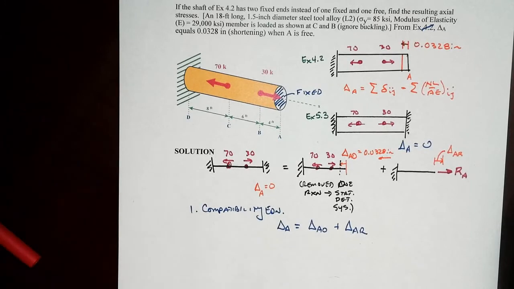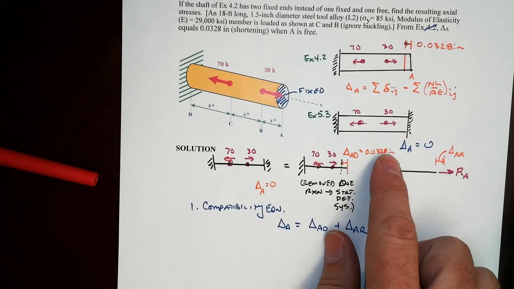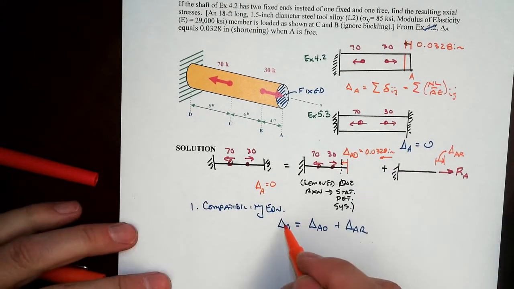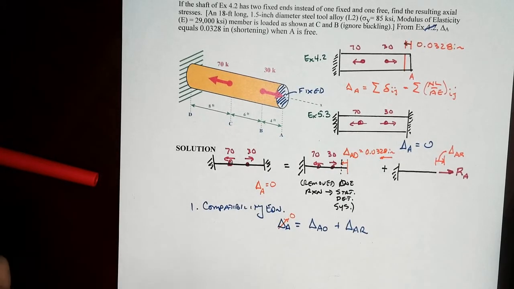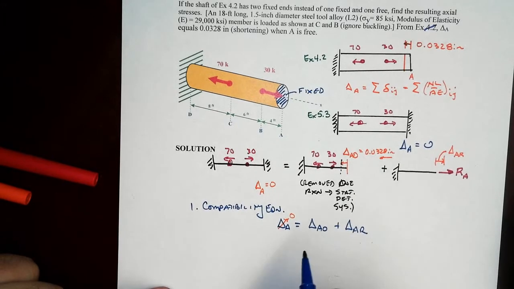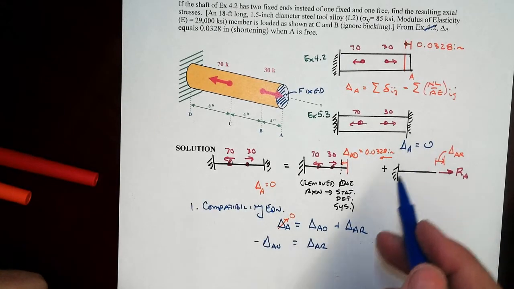And we know from the given constraints in the original system that delta A has to be 0, and so that makes delta A0 be the opposite of delta AR. One shortens, one elongates is what's going on there, right? So minus delta A0 has to equal delta AR, and delta A0 we've already calculated.